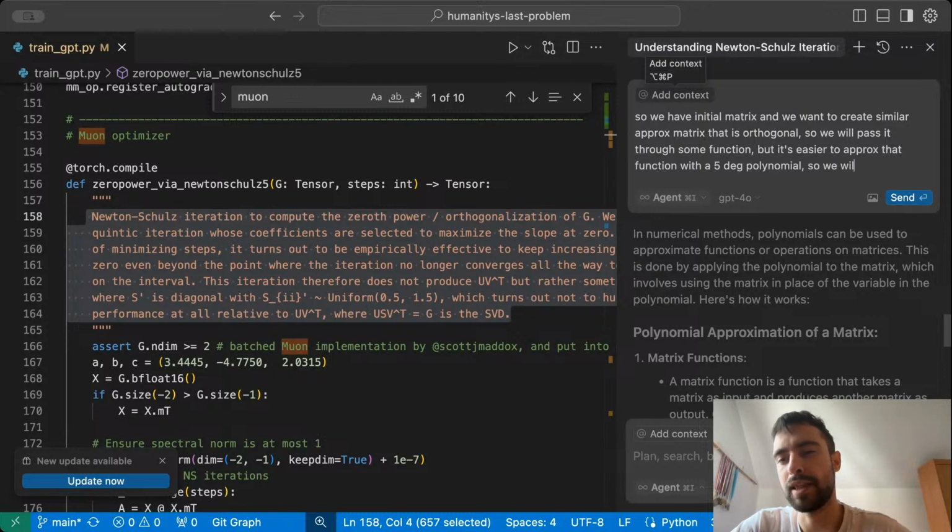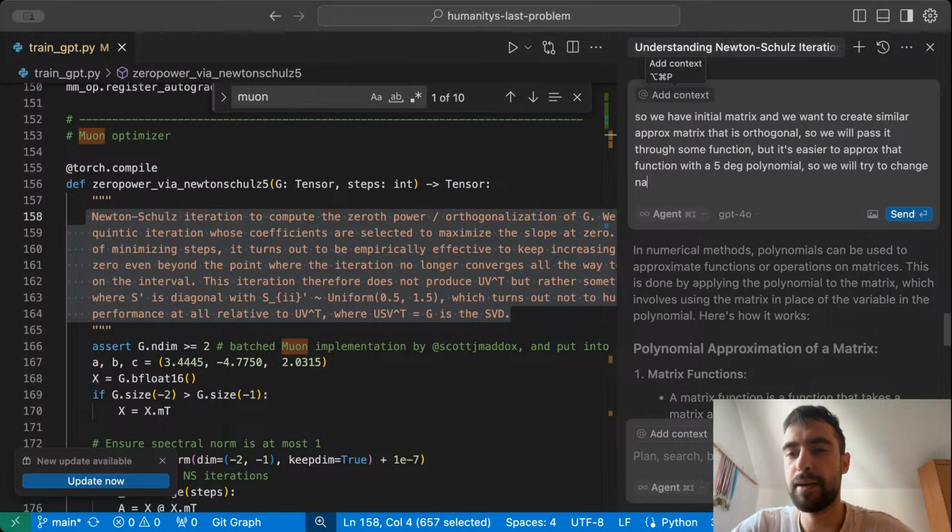So we will try to change numbers in the polynomial.